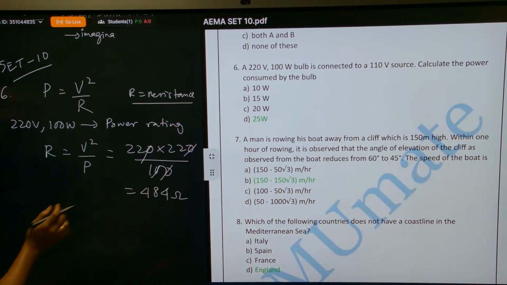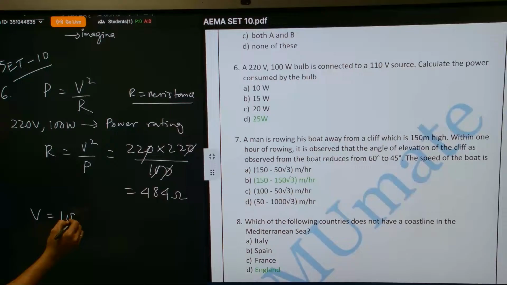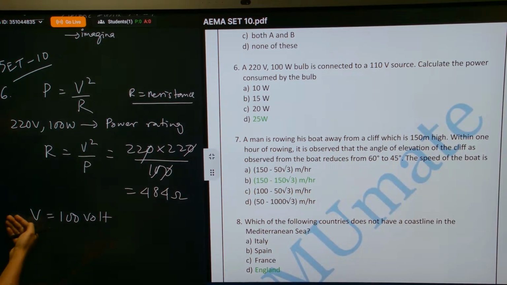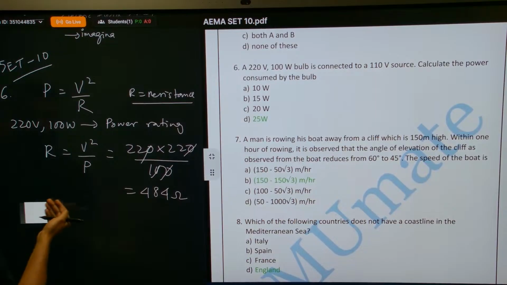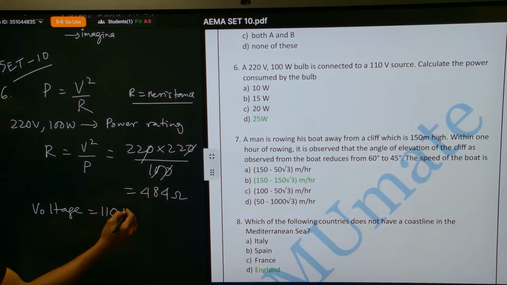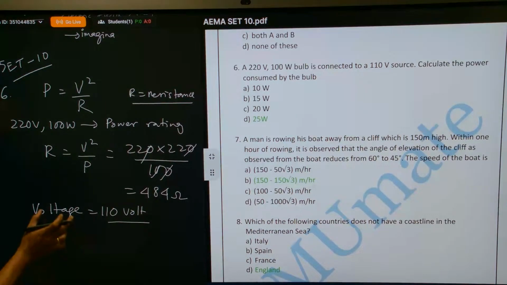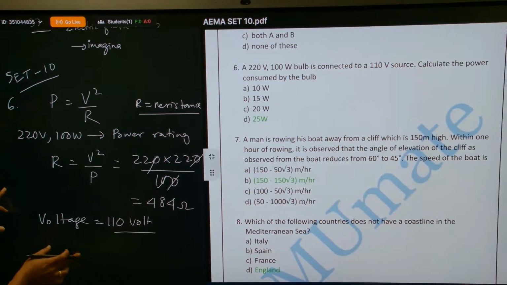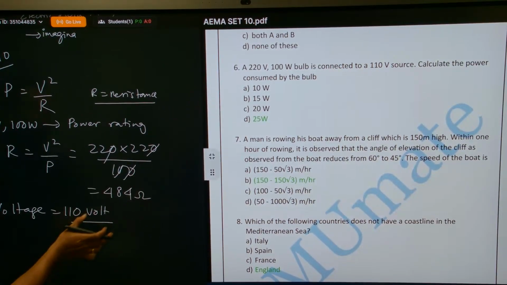484 ohm. Now they have given voltage 110 volts. So what will be the power now?